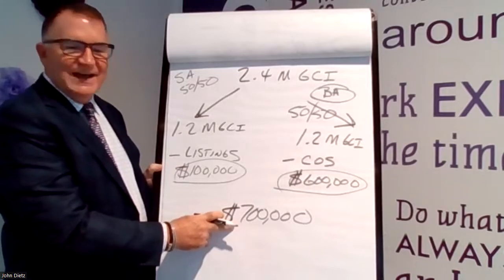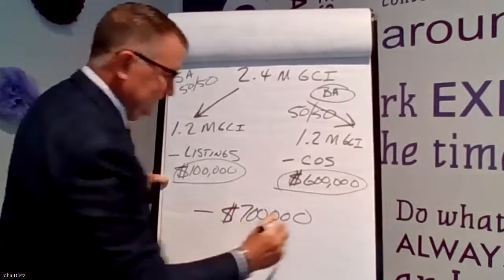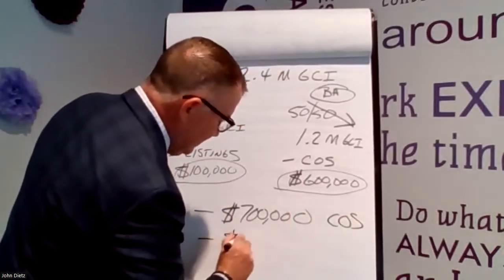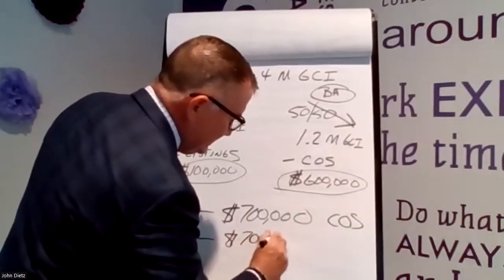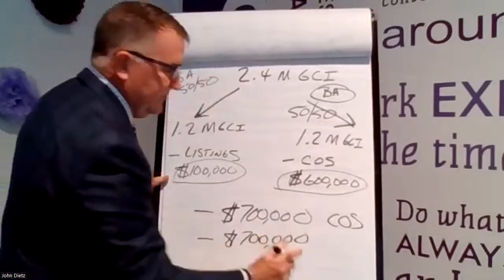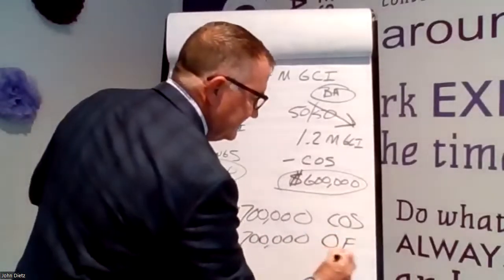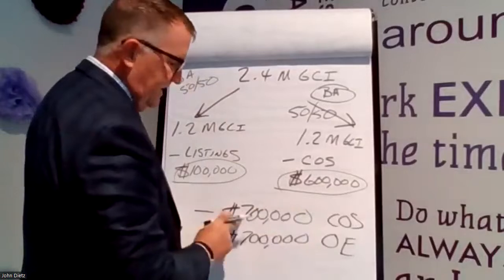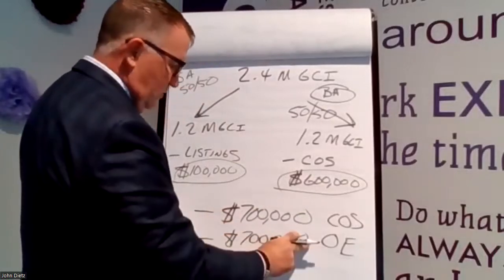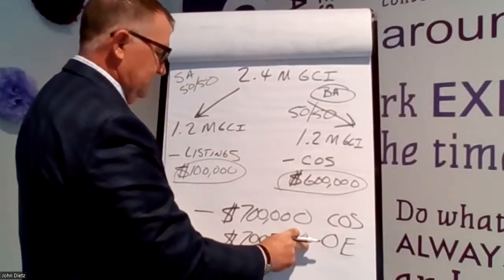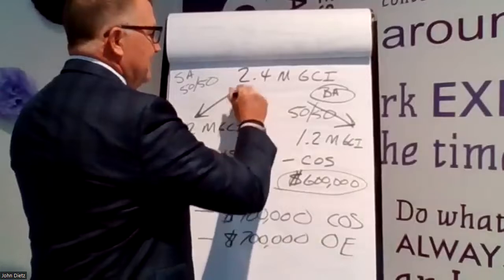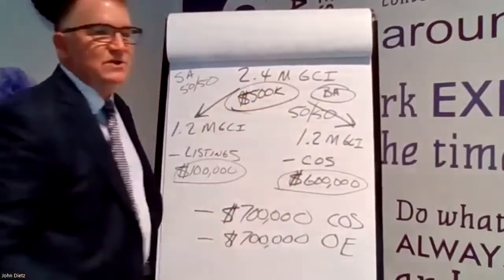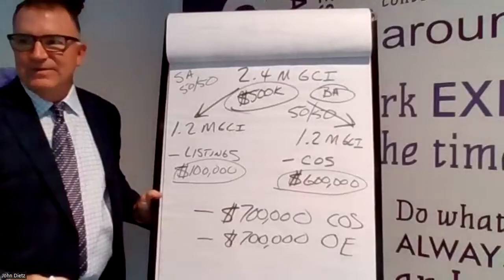Now, the challenge with that is you still have operating expenses, which are also 30% of the gross income. So that's $700,000 for operating expenses. And if I'm spending 1.2 million in cost of sales, my total expenses are $1.9 million, which means I have a profit of $500,000. Are you guys following me?